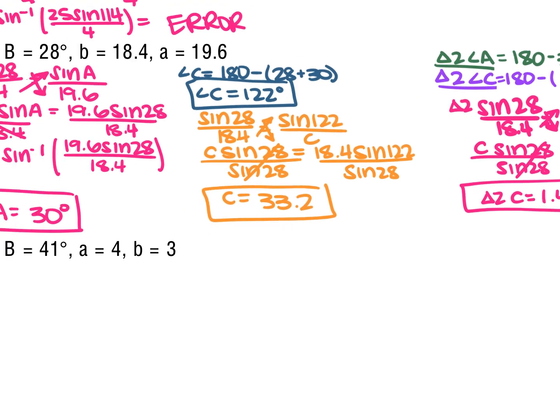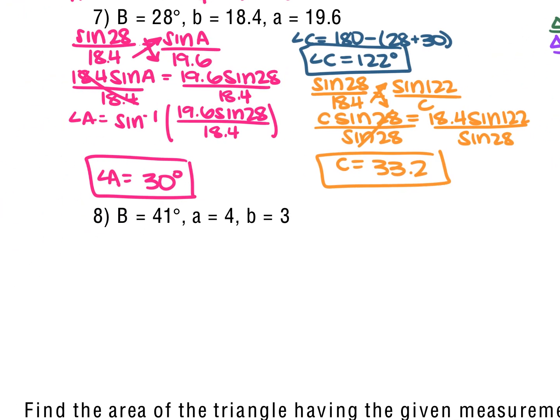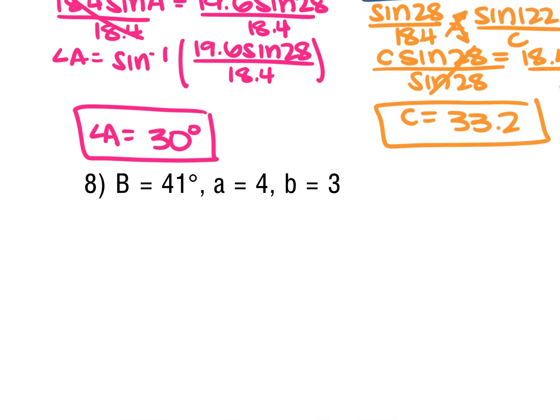If we look at our next one, number 8, we're finding the side lengths and the angles in the triangle that's given with angle B of 41 degrees, side A of 4 and side B of 3. So we're going to start by doing sine 41 over 3 is equal to sine A over 4.